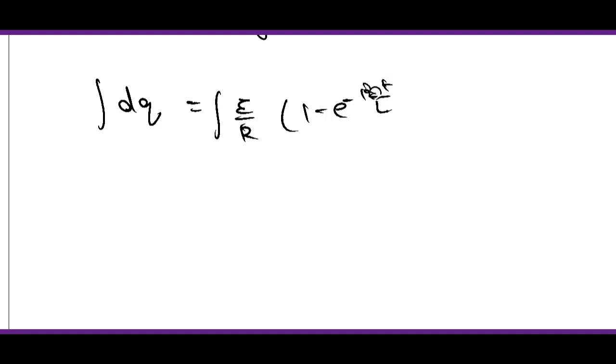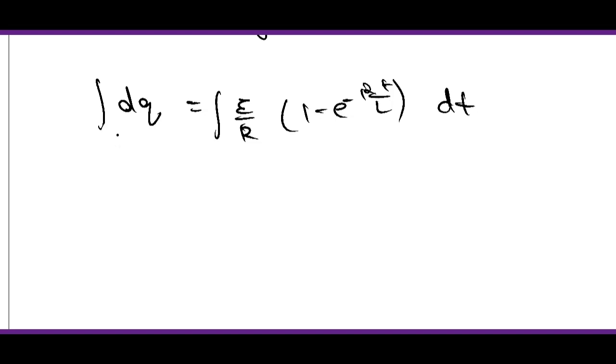After integration, the integral of dq equals the integral of E by R times 1 minus e to the power minus Rt by L dt.